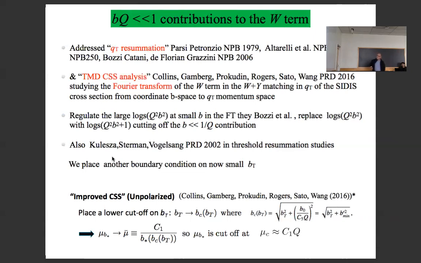So we define this bc of bT, where when bT goes to 0, you have this minimum value that's allowed. It's equivalent to adding 1 here. So essentially our logs are log of q squared b squared plus some constant that's dimensionless. All right, so what happens is our mu b star then comes to be mu bar, where we've just replaced b star with b star bc of bT.